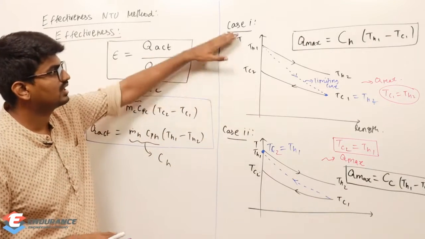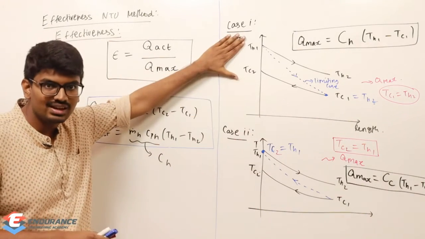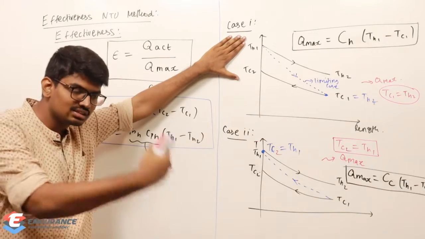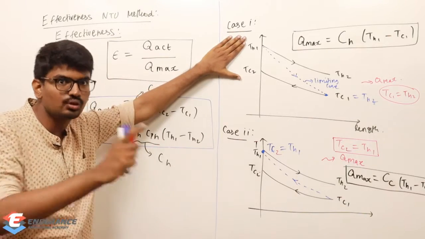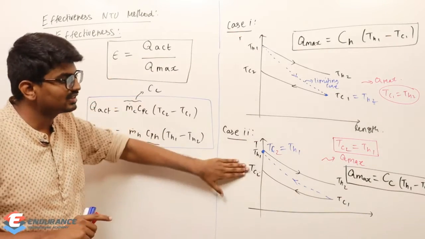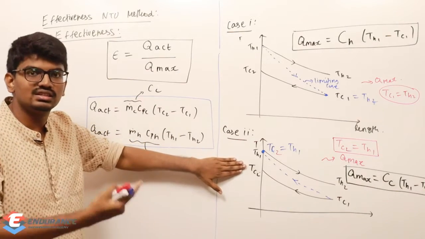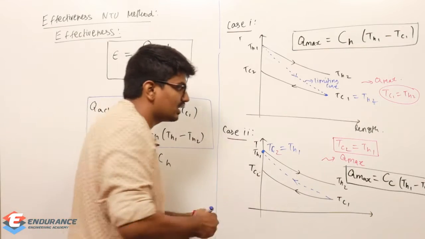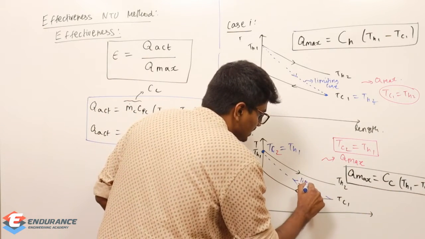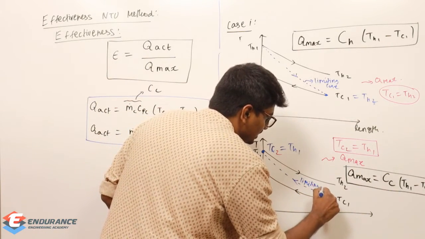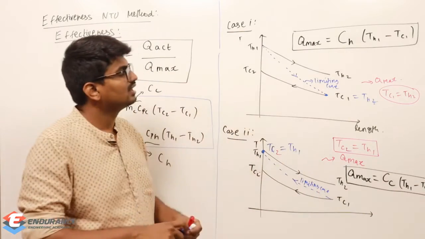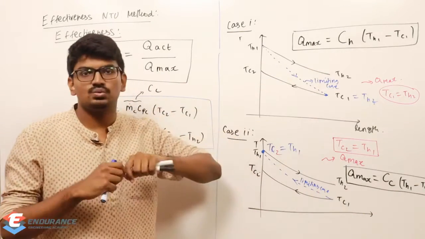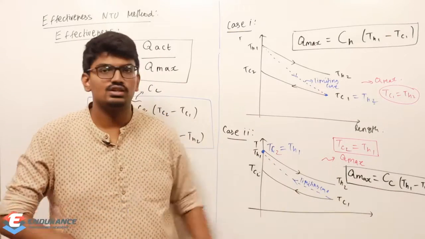Now compare both these equations. This is one case when hot fluid reaches initial temperature of cold fluid. This is a case where cold fluid reaches initial temperature of hot fluid. Both are limiting cases. But now the confusion is, if you check the Qmax formula, here we have CH into TH1 minus TC1, and here CC into TH1 minus TC1.